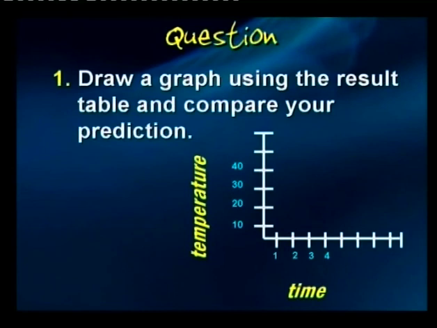This time you won't do a rough drawing. Now you will use a graph to plot your results. You'll do that for homework. So just copy the graph down, and that will be done for homework.